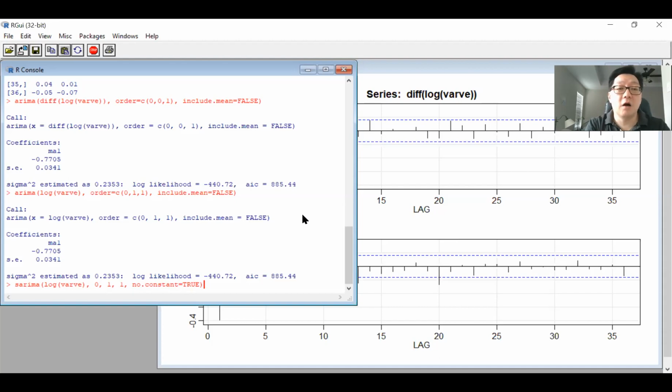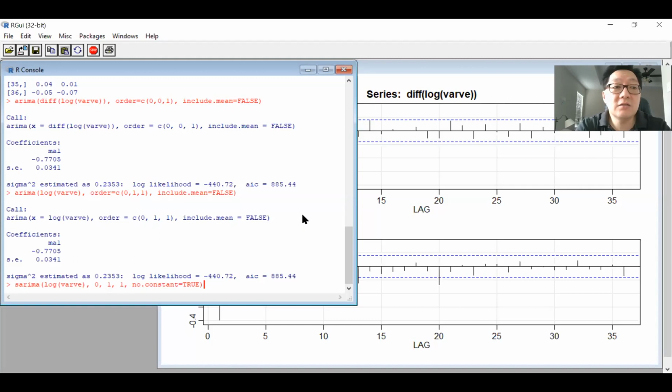It's function by function. The options are a little different, so it is not easy to memorize every single option for each function. Every single time you have to Google. But at least you should remember the name of the function, and that's not too hard: arima for the ARIMA model and sarima for the seasonal ARIMA model function.